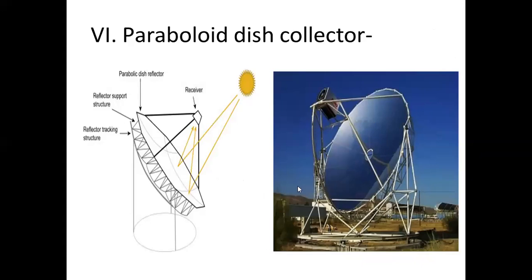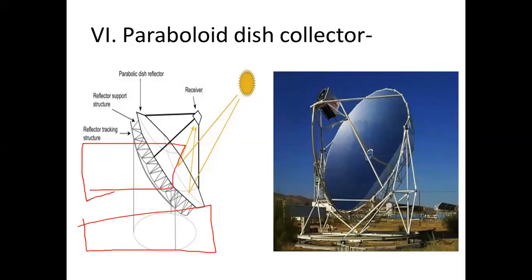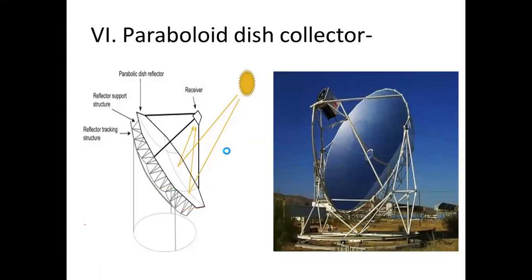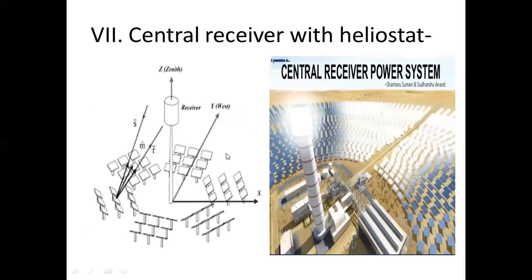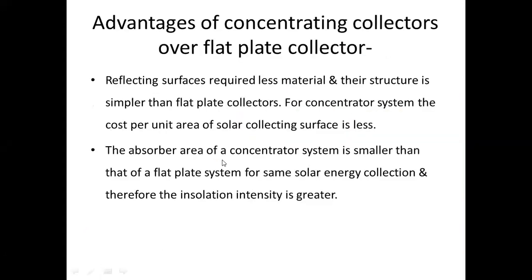And if you think about the flat plate collector, we need such a space for a single solar plate. So if you want to install a number of solar plates, a much larger amount of space is consumed, and we may require more space as compared to the concentrating type collector.